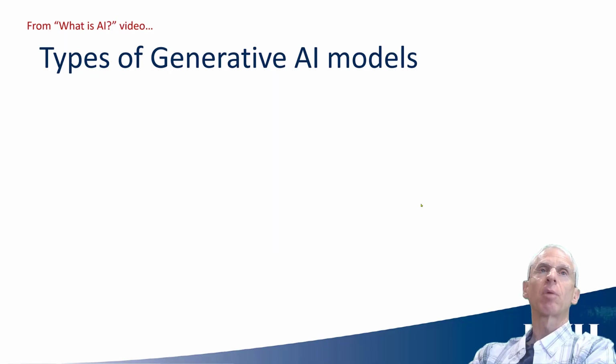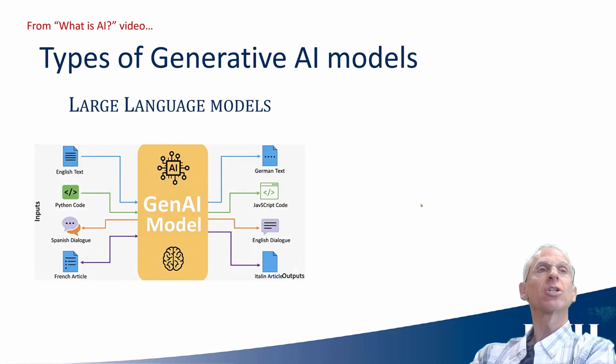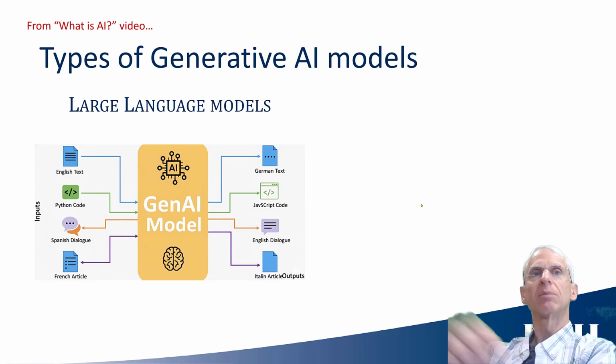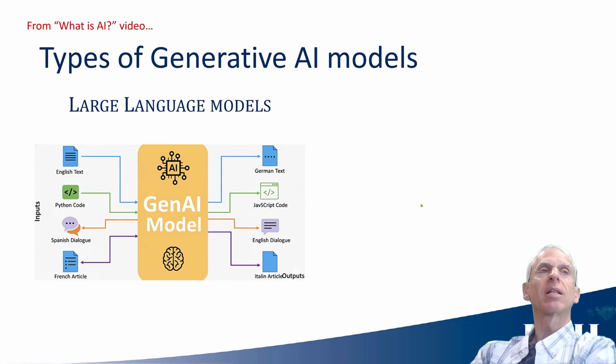All right, from our prior video, there are various types of generative AI models, generative meaning that they create new content. There are large language models, which take language of a particular type and convert it into other language. That language could be English translated into English by questions and answers. It could be English translated into some other language like German.